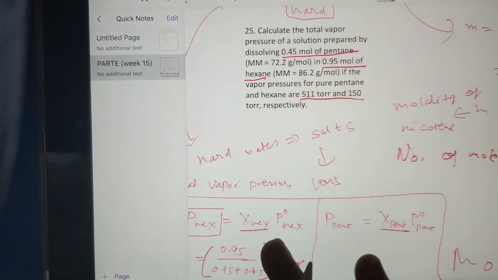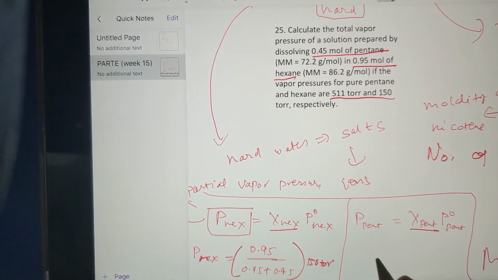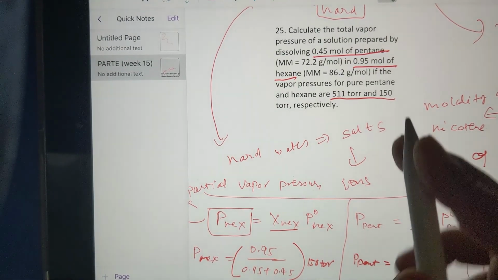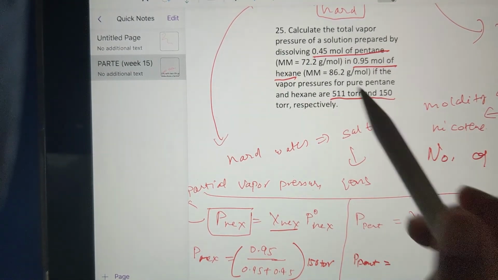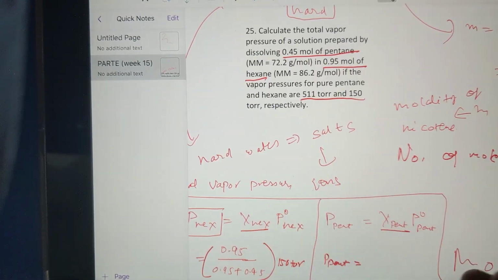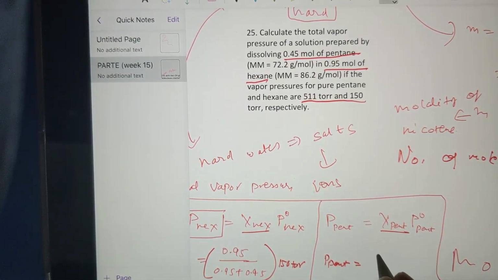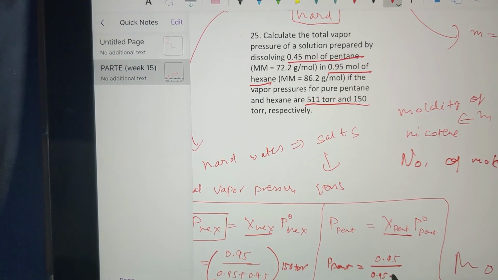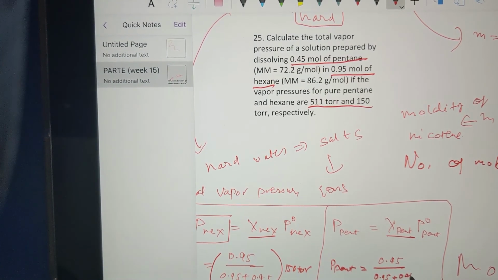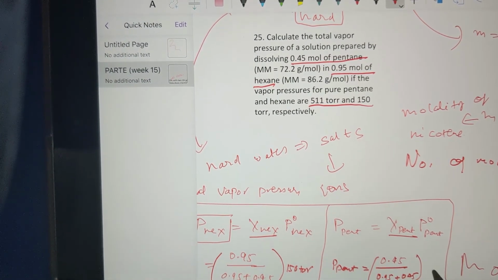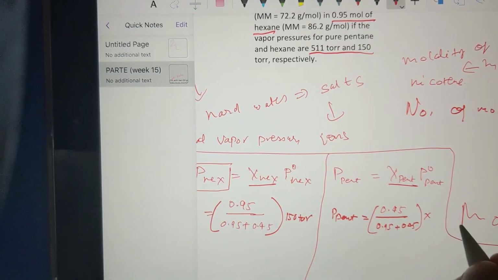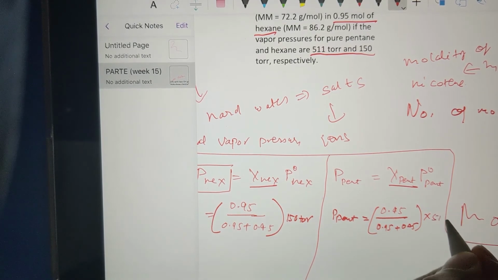Okay, so we are going to do the same for pentane also. So in this, to find the mole fraction of pentane, you're gonna take the number of moles of pentane and divide it by the total number of moles. And multiply this by the vapor pressure of pure pentane, which is 511 torr.